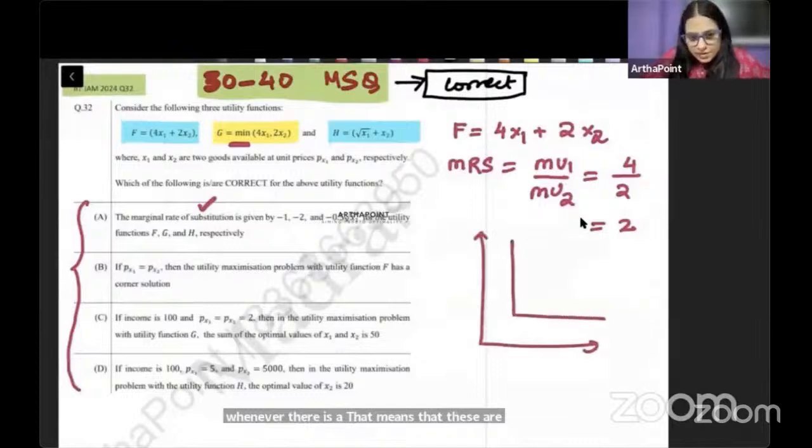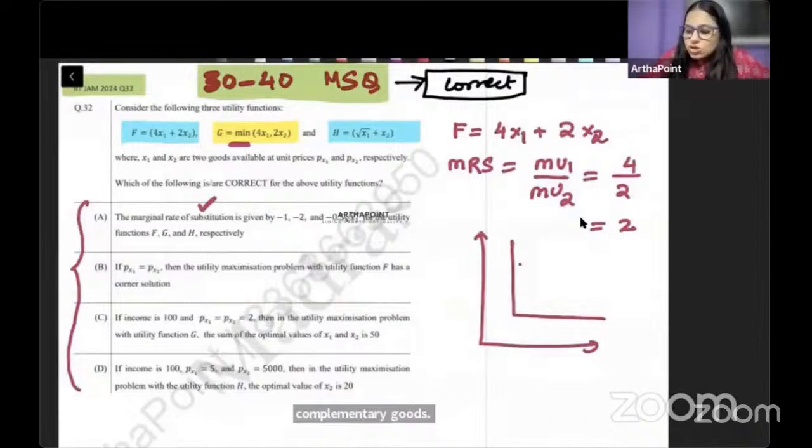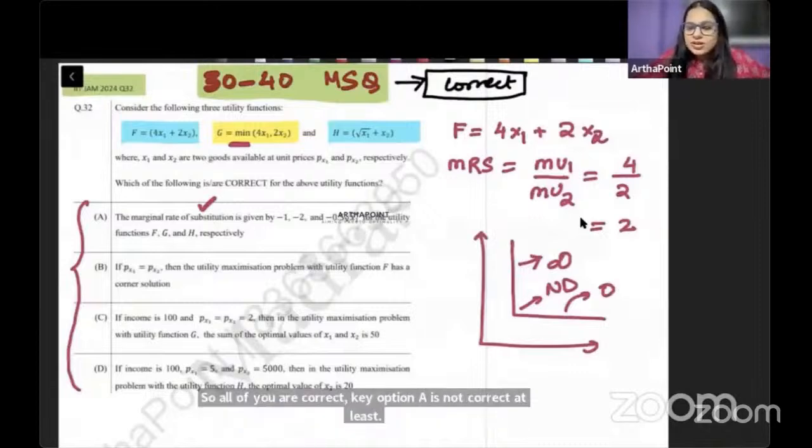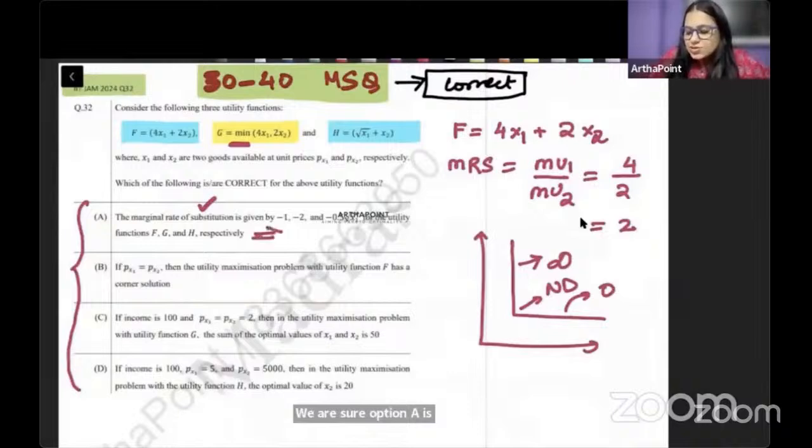And for complementary goods, your slope can either be infinity, 0 or not defined. These were the 3 slopes for complementary goods. Right? So slope can either be infinity, 0 or not defined. So all of you are correct. Option A is not correct at least. We are sure option A is not correct. So we can eliminate this option.